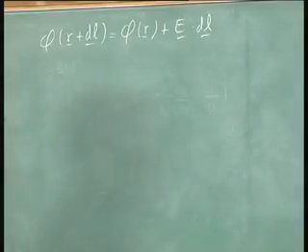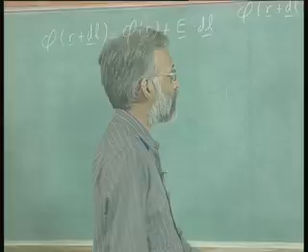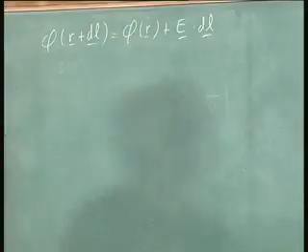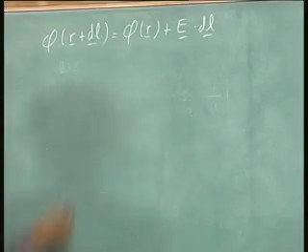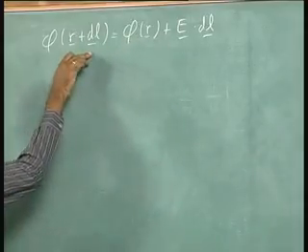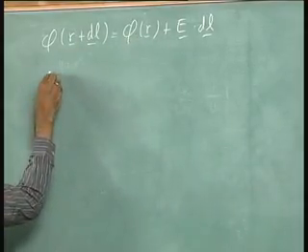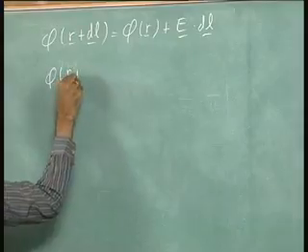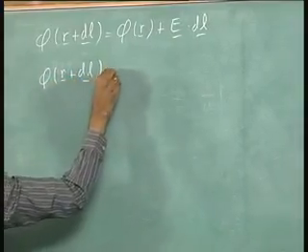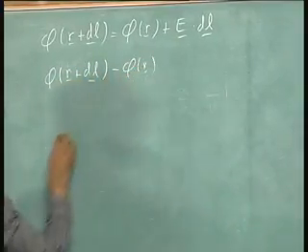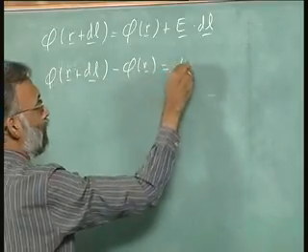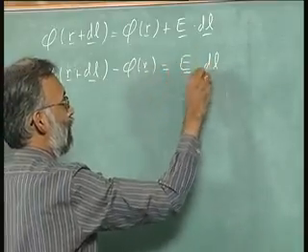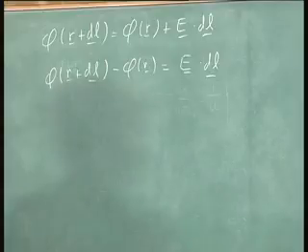Of course, it assumes that dl is very small, so that second integral is E dot dl. I can take this phi of r to the other side, and I can write it as phi of r plus dl minus phi of r is equal to E dot dl. This is the delta phi.